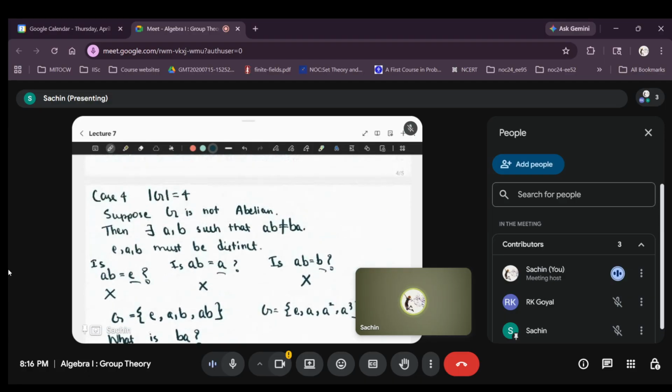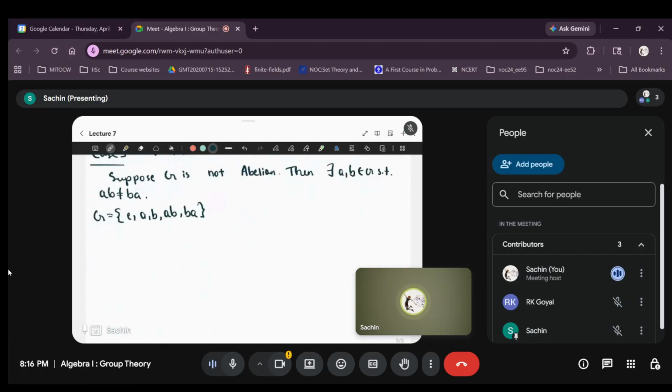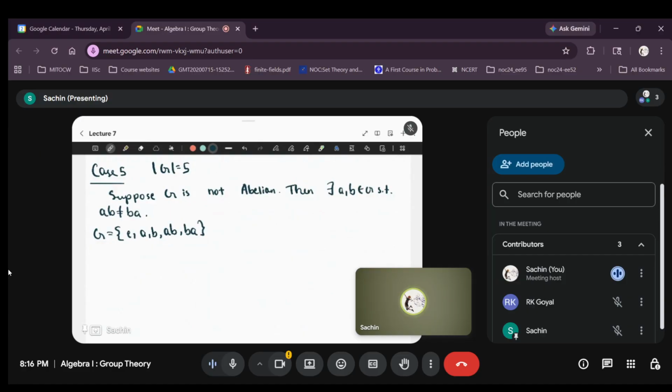And the problem here was the group only had 4 elements. So we said that AB must be equal to BA, but that problem is not there in case 5 because group G can have 5 elements. Since BA cannot be equal to any of these 4, we will just include BA as the fifth element.